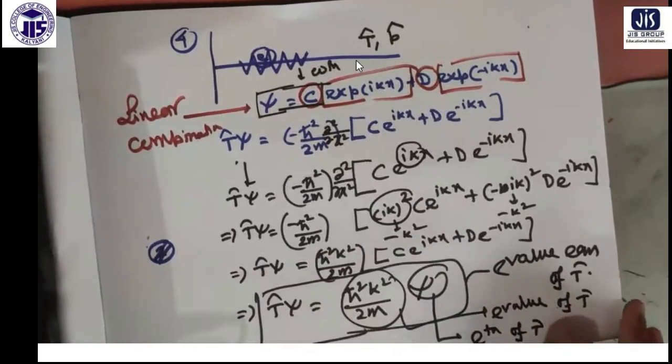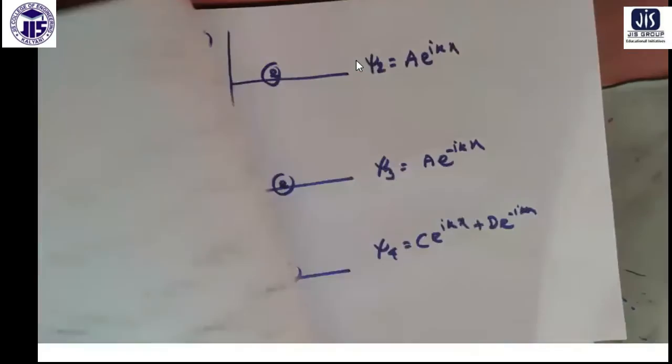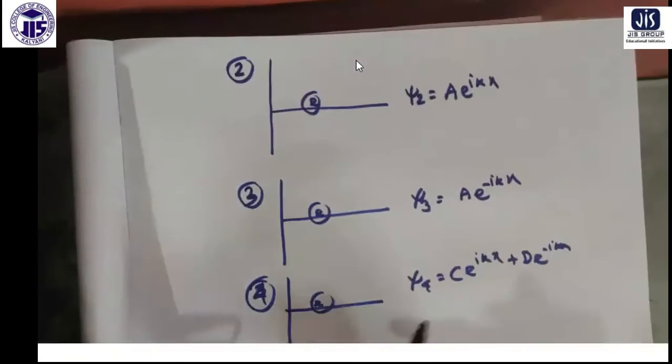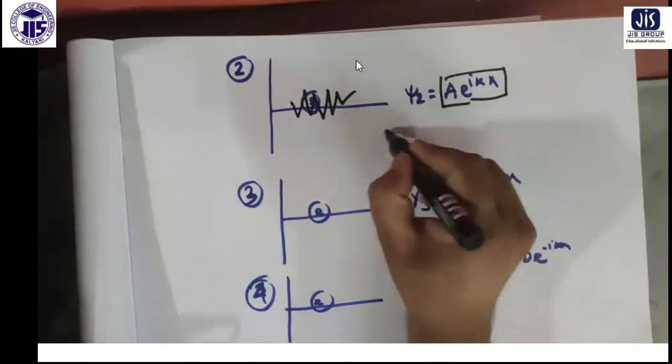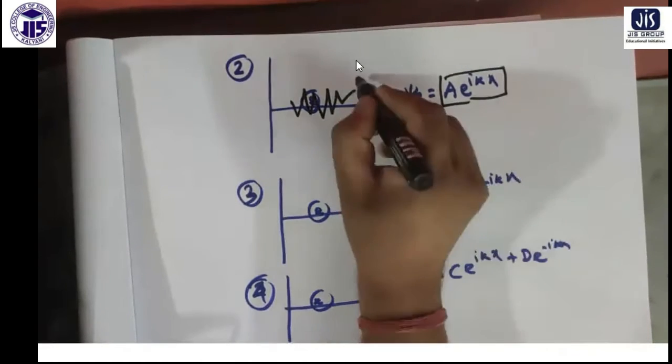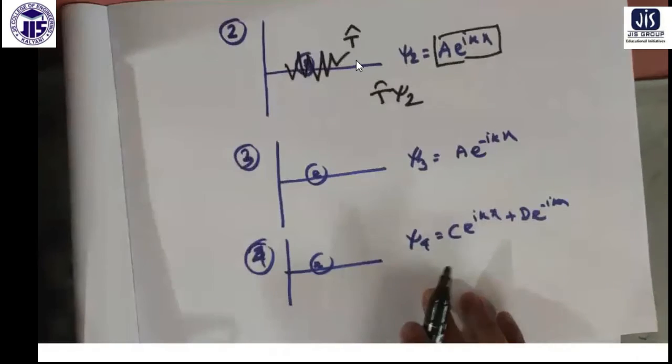So the message is: if the wave function of the electron is e to the power plus ikx, and I wish to measure the kinetic energy of the electron, I will operate T on psi2.